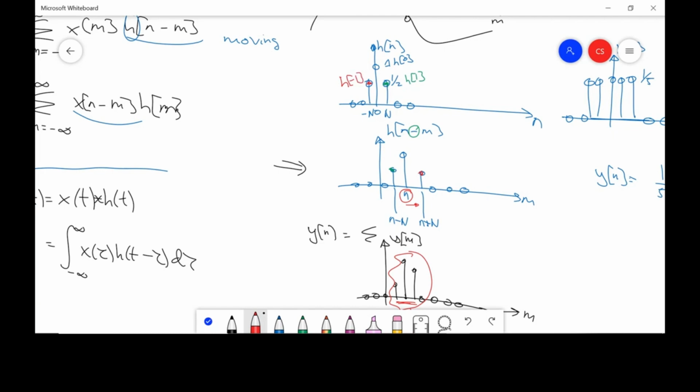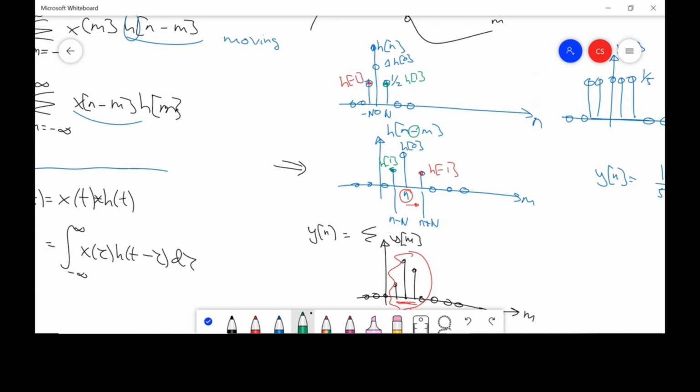When you apply the minus sign, h of -1 goes here. Then you have h of 0, and then you have h of 1. You see? Those are the values. They have been reversed with respect to this axis.